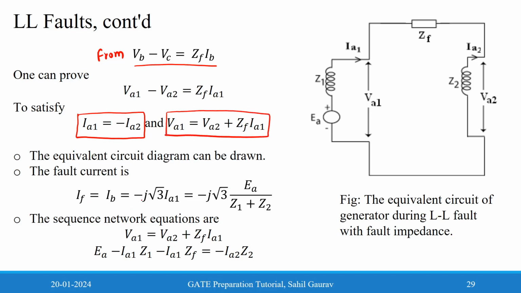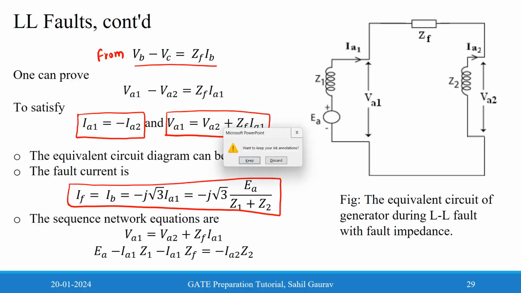Therefore you can write the fault current in this way. It is the same proof as before, and the sequence network equations can be written from the equivalent circuit diagram.